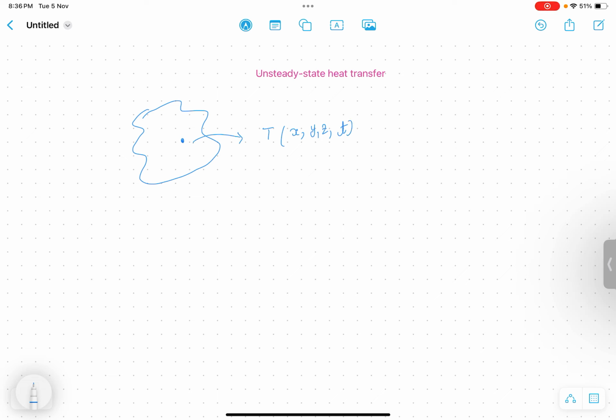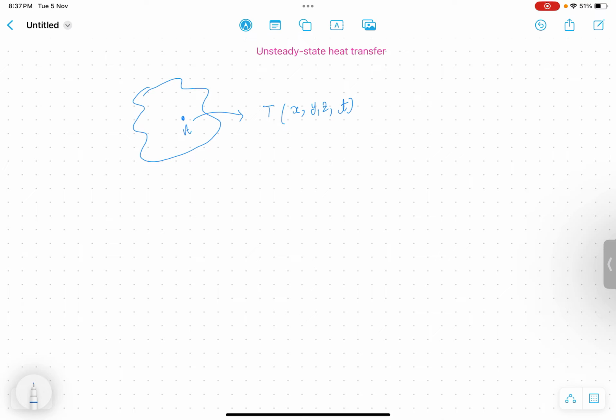So to specify temperature, if I want to say that at this location A this is the temperature, you should ask what is the location as well as what is the time, meaning at what time this temperature value is there in the body.